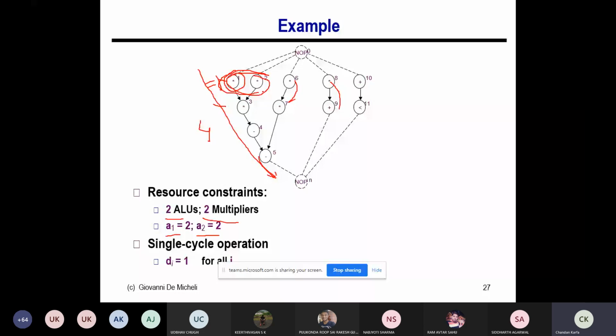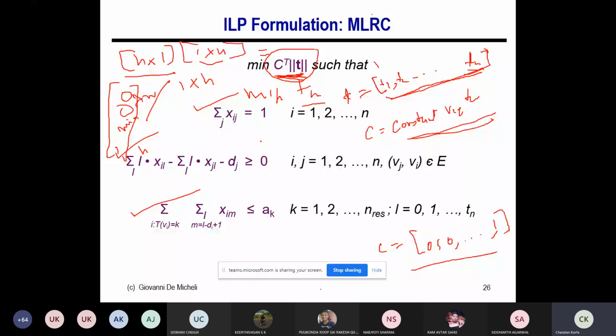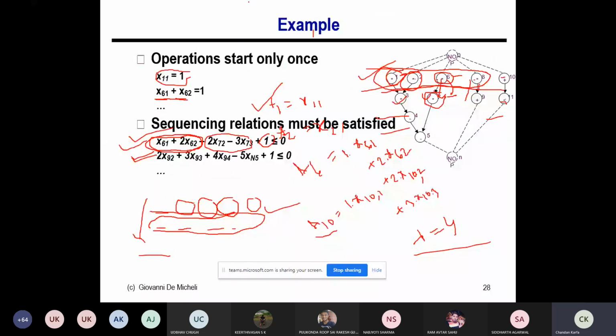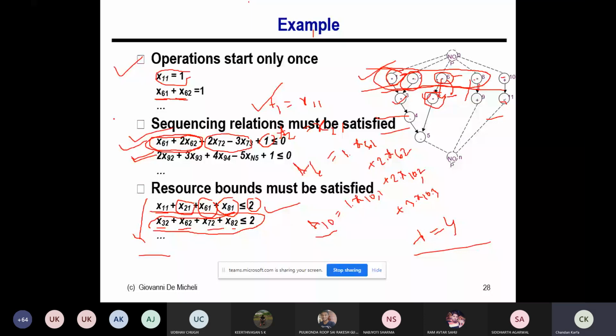Then I have to take lambda equal to 5. With 5, I run the ALAP algorithm again. I'll get a different set of latest possible values, and for that I'll get a different set of mobility. All my constraints will change now, because all these timestamps have changed. All three sets of constraints will be changed. With this, I get a solution.